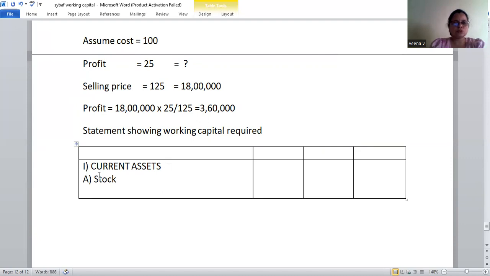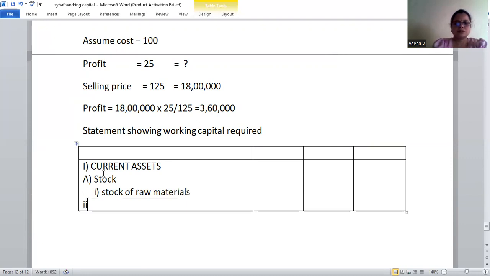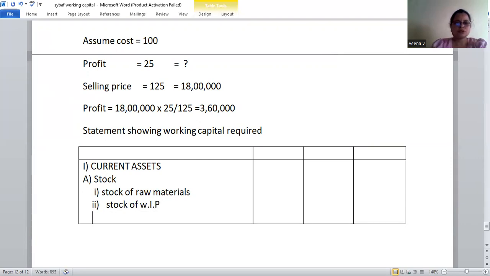Stock, again, there are 3 types of stock: stock of raw materials, then stock of WIP, then Roman 3 is stock of finished goods.